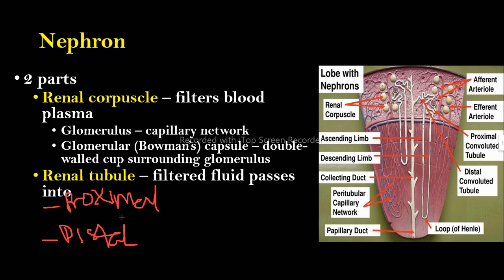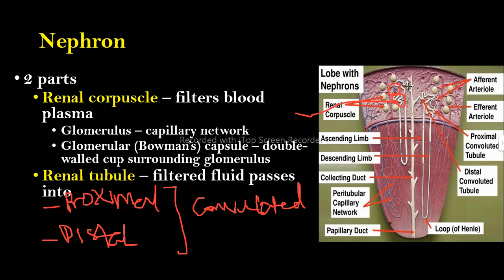Proximity. So if this is our renal capsule, then this one that is close is our proximal convoluted tubule.